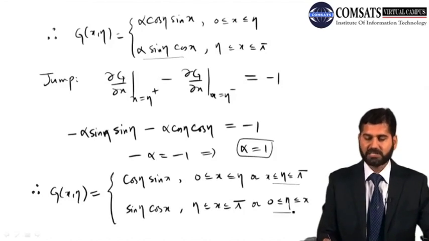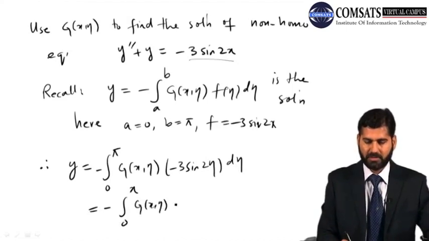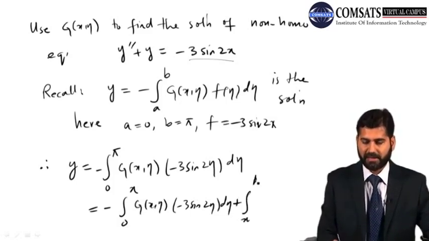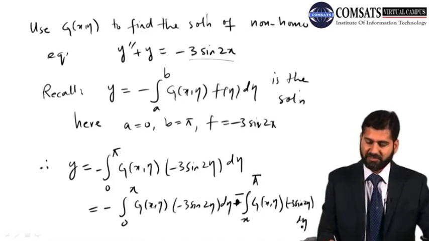Why am I writing these two limits? Because it's the values of eta. If I write it from 0 to x, and then from x to pi, these are the values of eta.